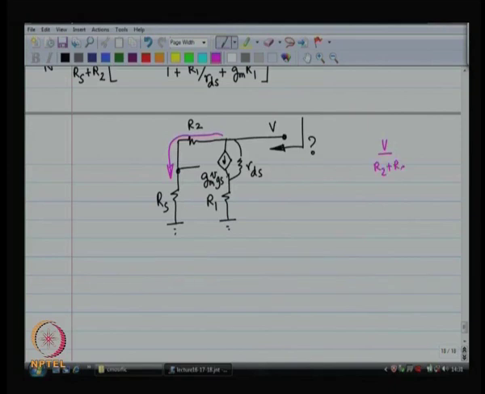So, just keep this in mind, V by R2 plus Rs is already established in that pathway, and as a result of that the voltage at this particular node is Rs by Rs plus R2 times V. It is a voltage divider. Okay. So, this current has already been established.